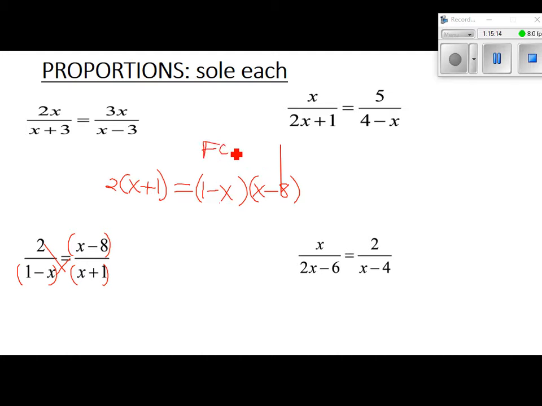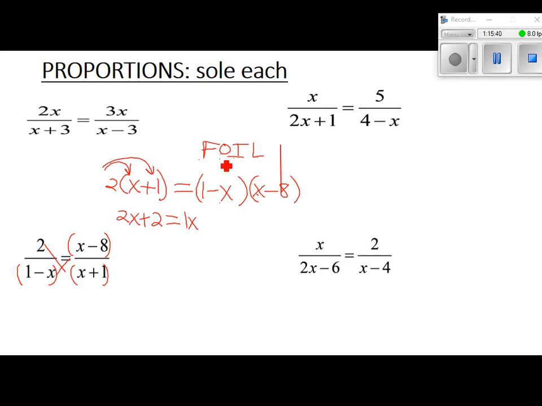Hopefully from algebra you remember FOIL. You do first, that's what the F stands for, outer, inner, and last. We'll do that here in a second. We're going to do distributive property over here. So you got 2x plus 2 equals, here we do the first terms, that's the 1 and the x, so we got 1x.